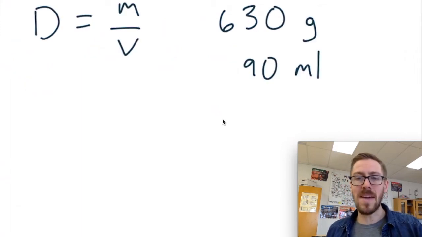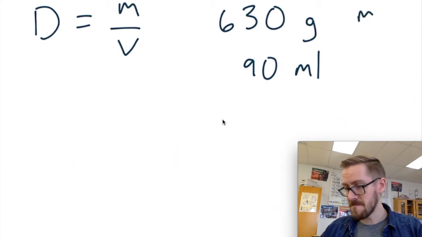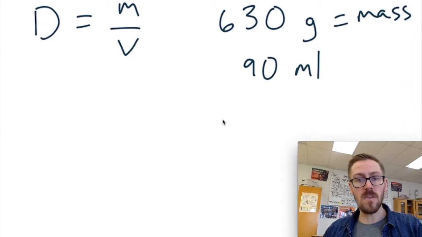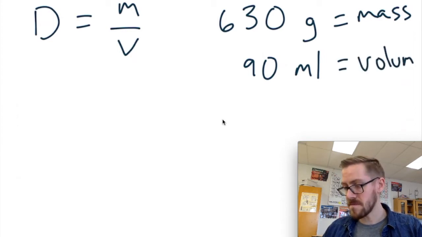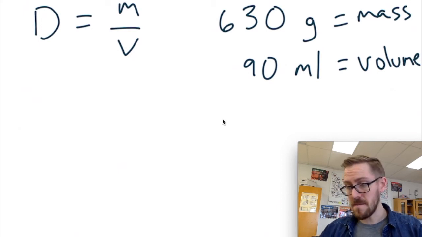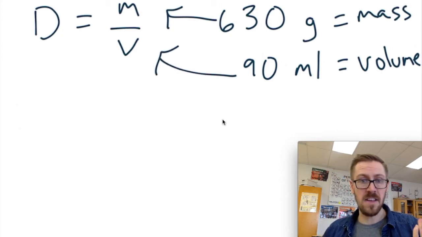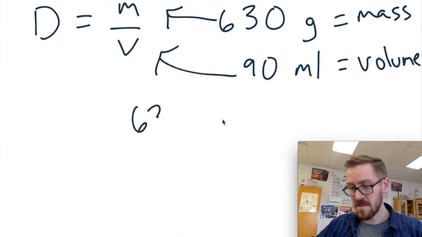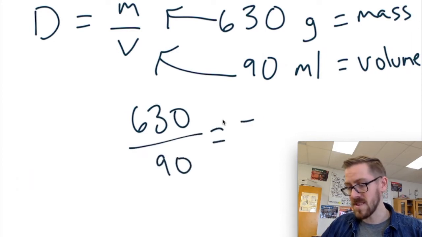So the most basic kind of problem is when I give you a gram, which is mass, and a volume, which is usually measured in milliliters. And so when you use this equation, mass goes here, volume goes here, and so you just take your mass divided by volume. 630 divided by 90 equals 7.